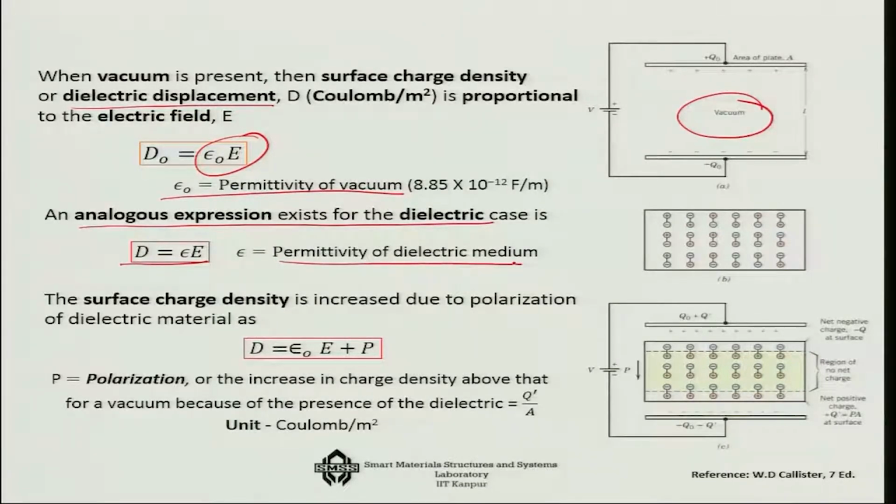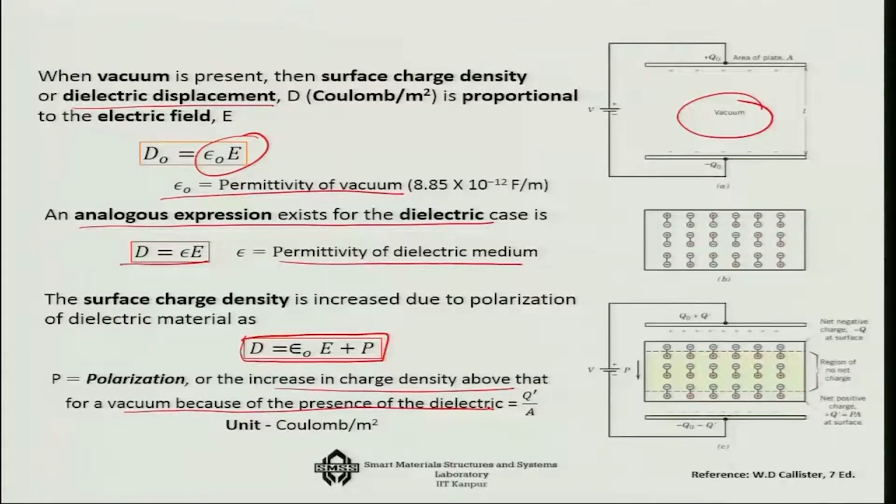The surface charge density is possible due to two things. One is the applied electric field and another is the polarization. Hence D is epsilon 0 E plus P. Here P is the polarization, or the increase in charge density above that for a vacuum because of the presence of the dielectric medium.